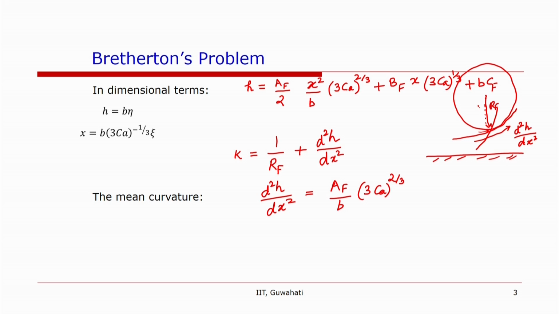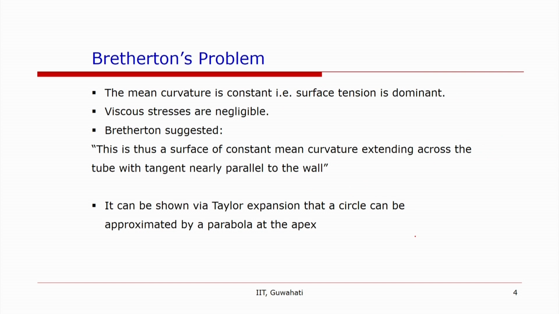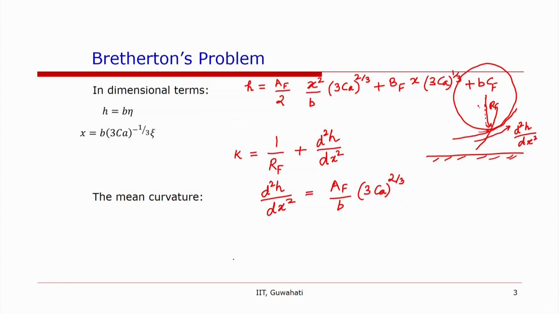Now if you look at this region, the mean curvature in this region is constant. So in this region, if you look at the bubble, you can fit a sphere near the bubble.